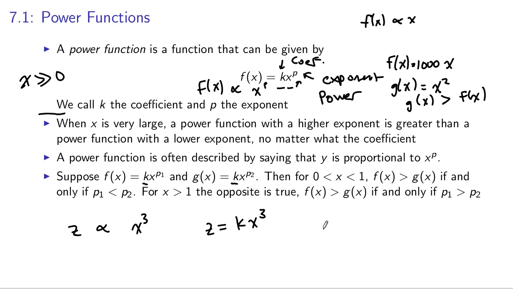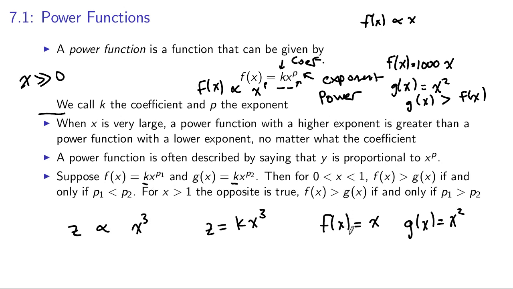Let's think about this. If f of x is x, with a k of 1 and a power of 1, and g of x is x squared, then between 0 and 1, f is bigger than g only if p1 is smaller than p2. In this case, the power is smaller, so f should be bigger than g between 0 and 1.